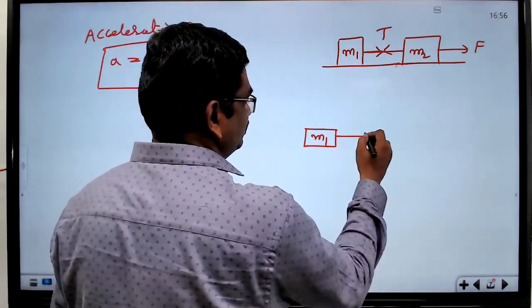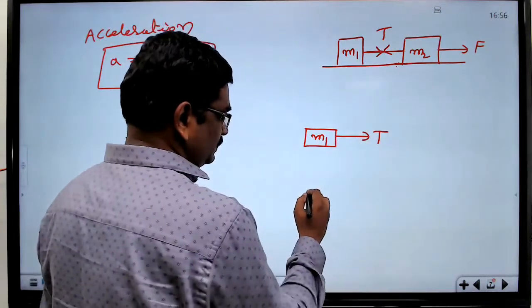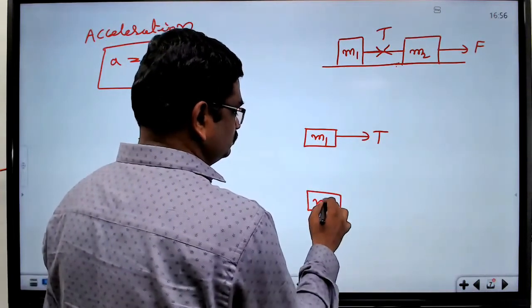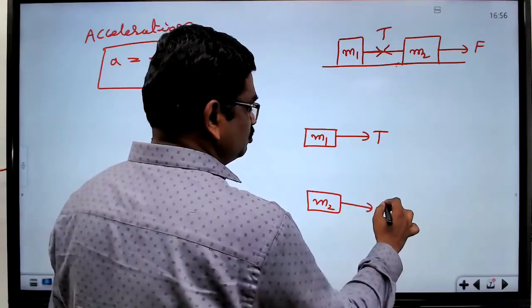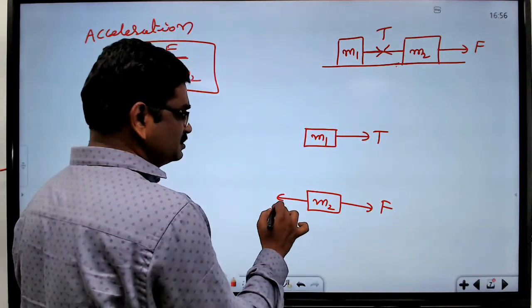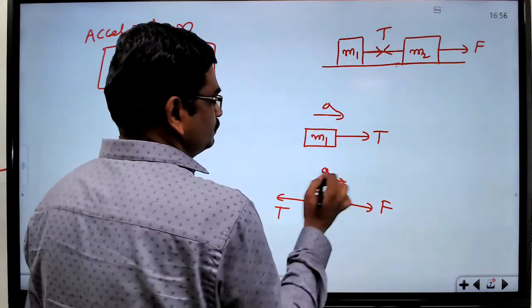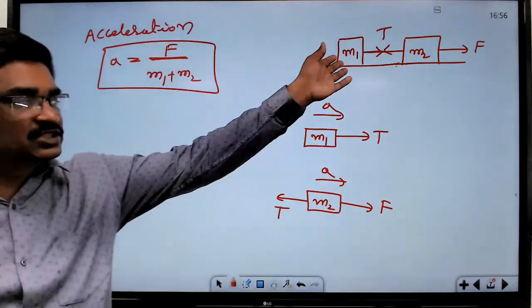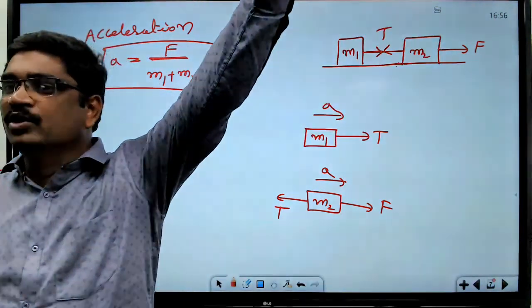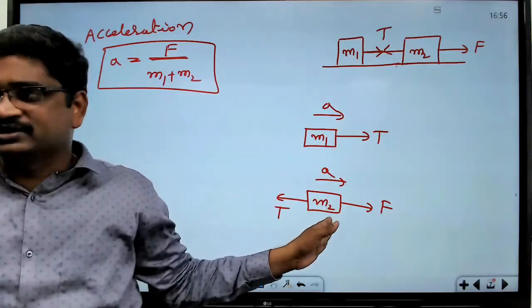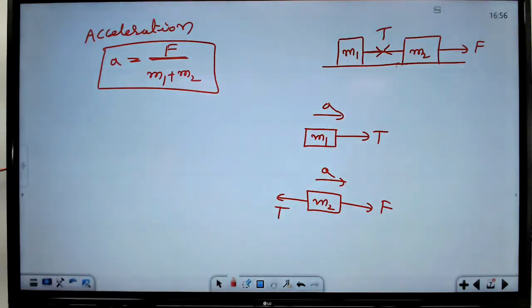Free body diagram for mass M1 can be drawn like this. Here force T. For mass M2, applied force towards right. So, tensional force towards left. So, in which direction will that move? Towards applied force. For connected bodies on a horizontal surface, acceleration is same.